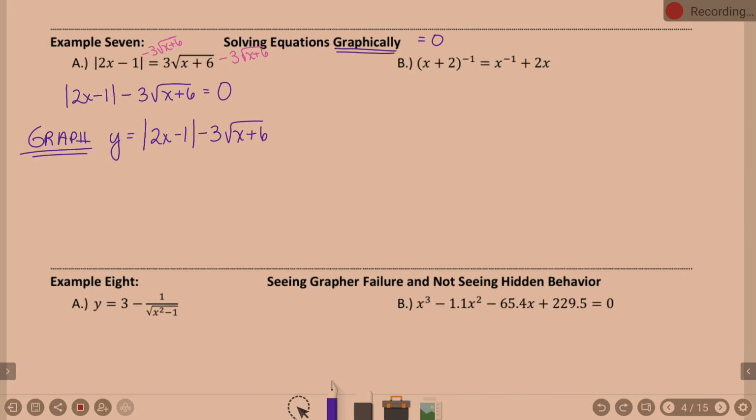Let's type in our equation. We haven't talked about where absolute value is yet, have we? Absolute value can be found in two different places. I'm going to go the long way first, and then I'll show the shortcut, because I think the shortcut will work on everyone's calculators. The long way: most anything you want can be found in the math menu somewhere. The math menu is quite big.